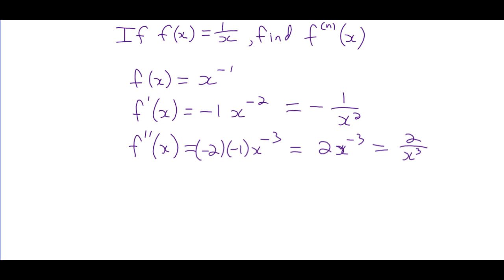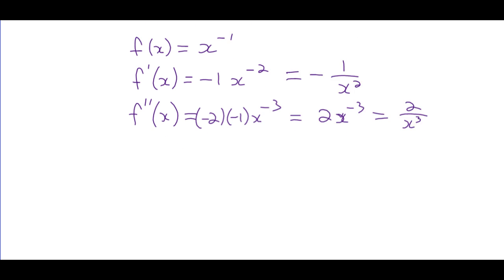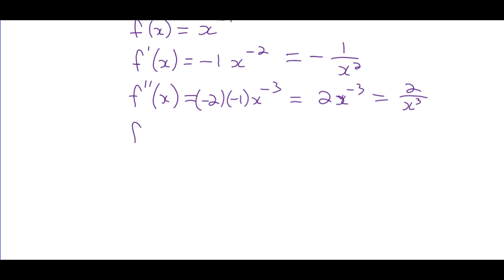What's f triple prime? I'm just going to leave this expanded, right? So we're going to say it's negative 3, and that gives me what? Negative 6 x to the negative 4.